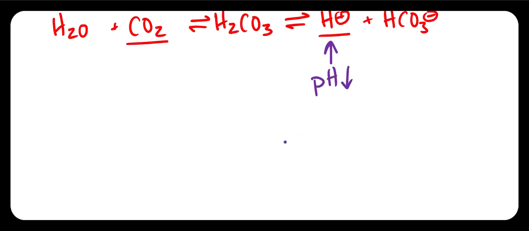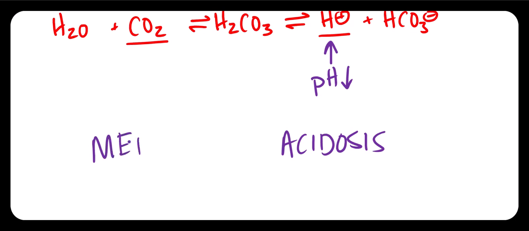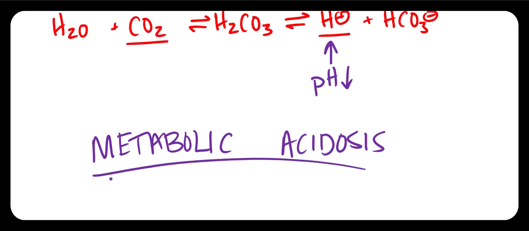I've given myself acidosis. How did I get there? It's not a breathing thing, it's an eating or excreting thing. So metabolic. So what I just described is metabolic acidosis. And we're going to come back to that in a minute.